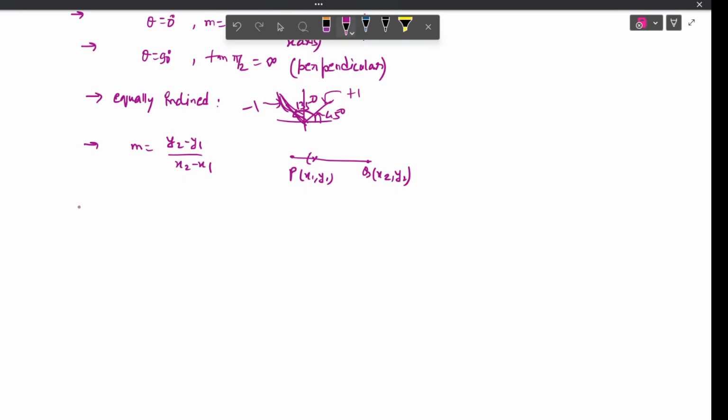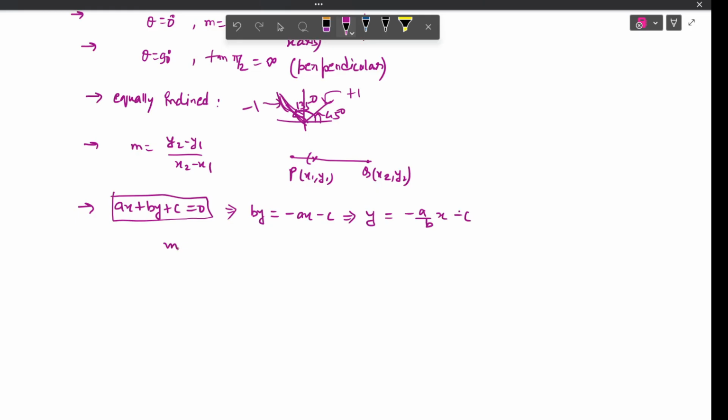Now if any straight line is given to you, let us say ax plus by plus c equals 0. We know this is the general equation of a straight line. Now from this we can make this straight line in this format: by equals minus ax minus c. So this implies y equals minus a by b x minus c.